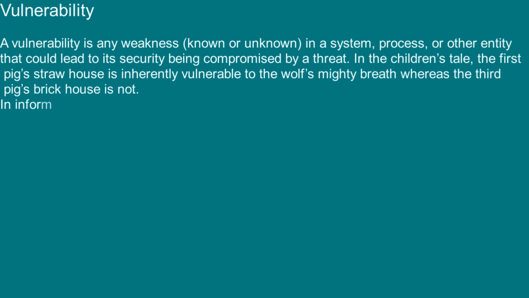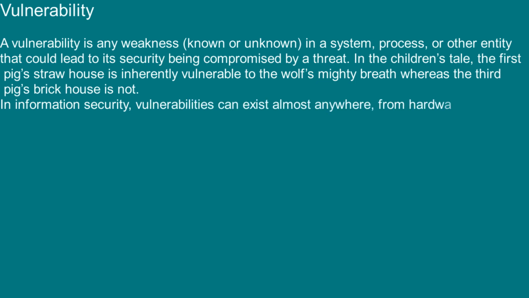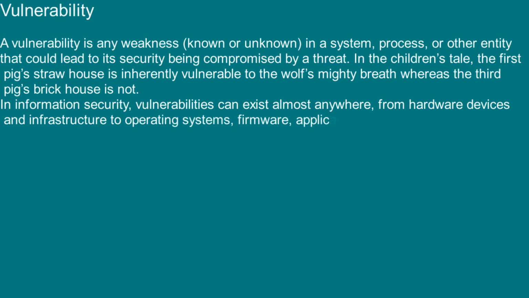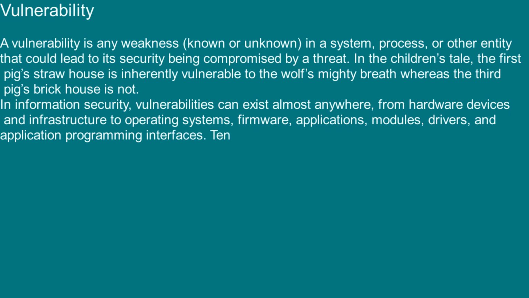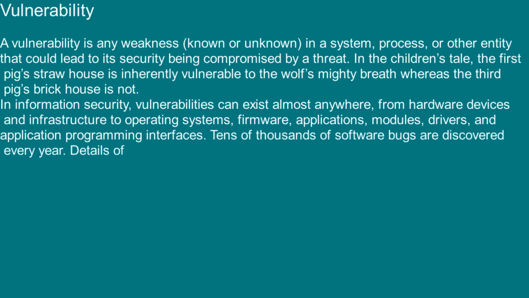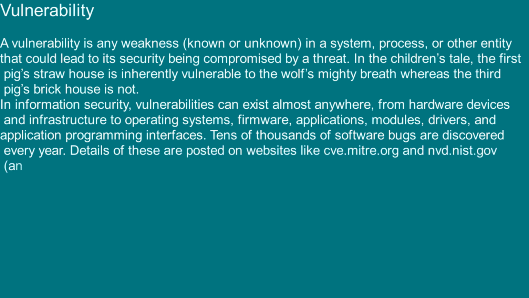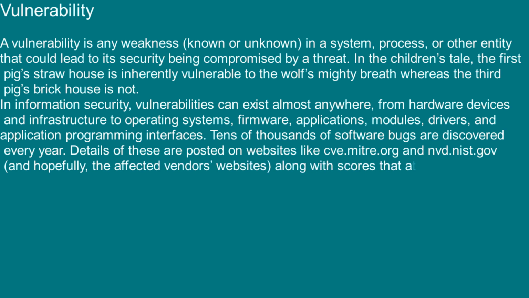In information security, vulnerabilities can exist almost anywhere, from hardware devices and infrastructure to operating systems, firmware, applications, modules, drivers, and application programming interfaces. Tens of thousands of software bugs are discovered every year. Details of these are posted on websites like cve.mitre.org and nvd.nist.gov, and hopefully, the affected vendors' websites, along with scores that attempt to assess their severity.